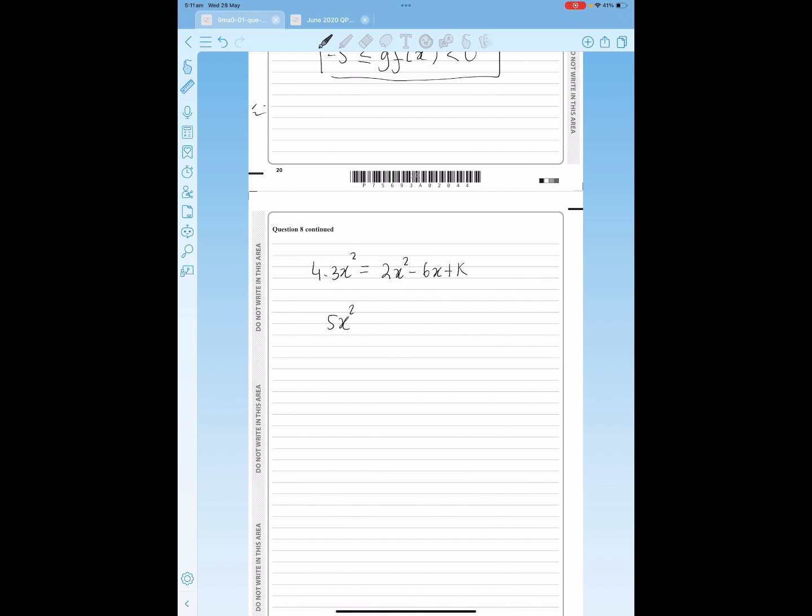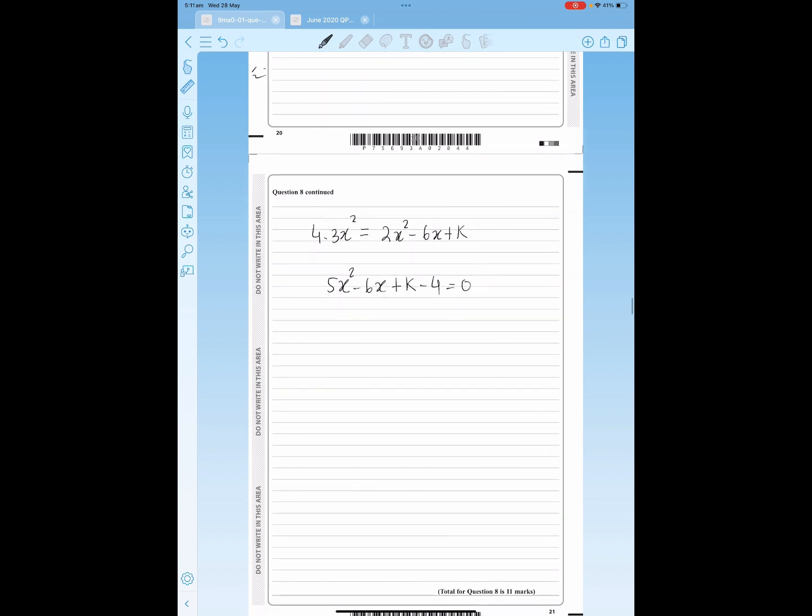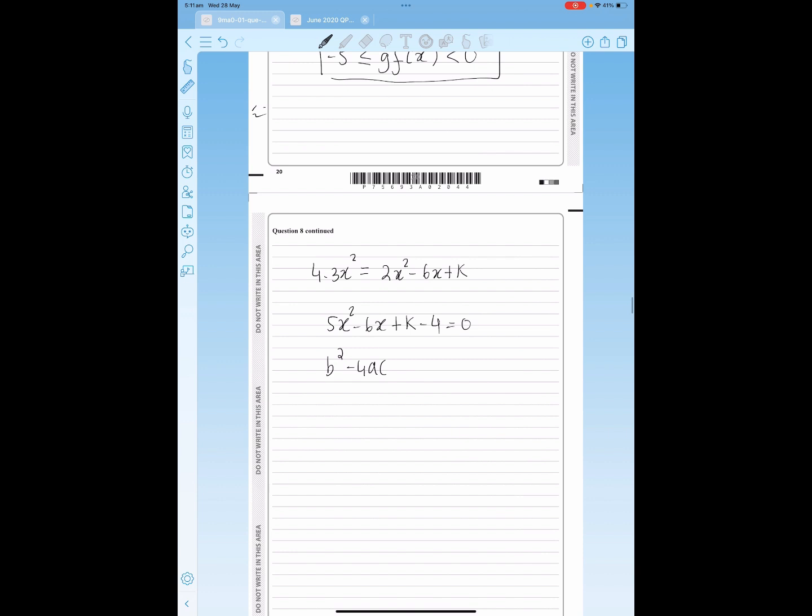So 5x squared minus 6x plus k minus 4, yep, equals 0. And now you do actually have to use the b squared minus 4ac. And since it has no real solutions, it has to be less than 0, sorry.